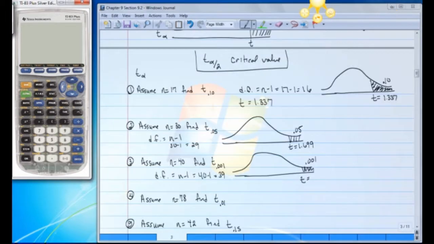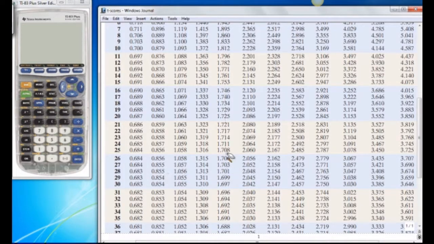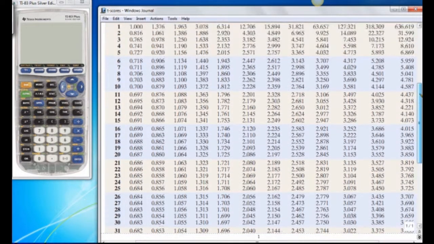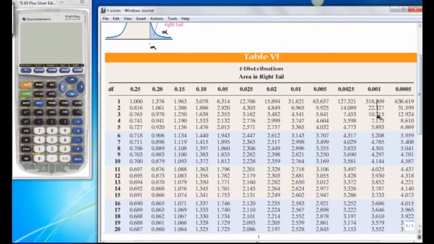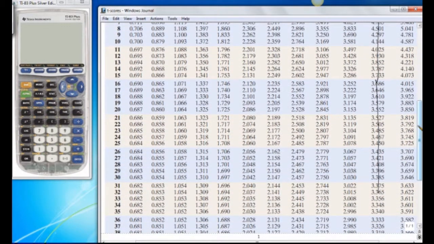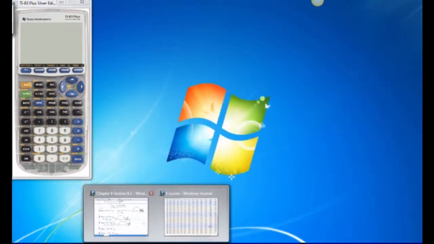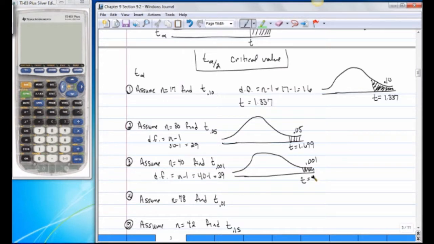So 39 and 0.001. 0.001 is the next to the last column here, and I want to go down to 39. So I'm going across to 3.313. So my t-score is 3.313.